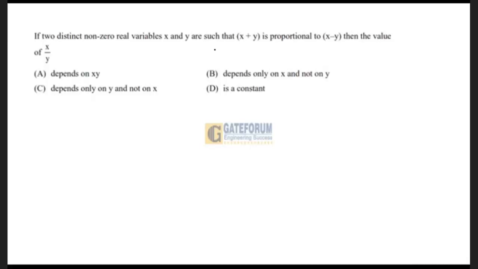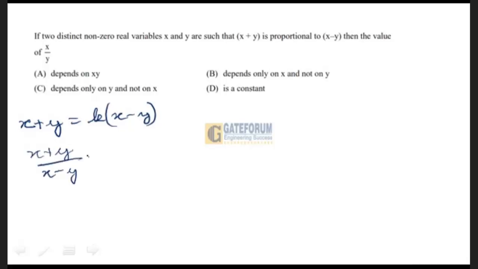So x plus y is proportional to x minus y. We can write then x plus y is equal to k of x minus y. We can definitely write that. Or we can say x plus y by x minus y is equal to k.